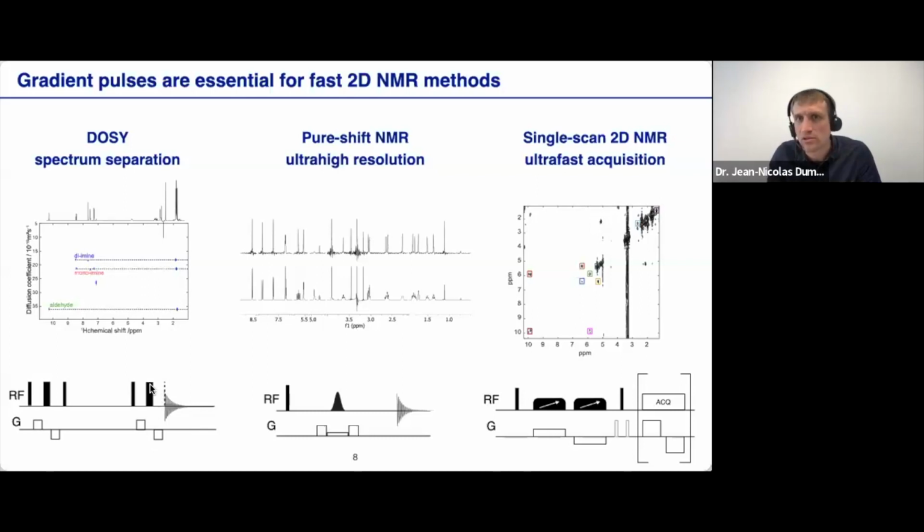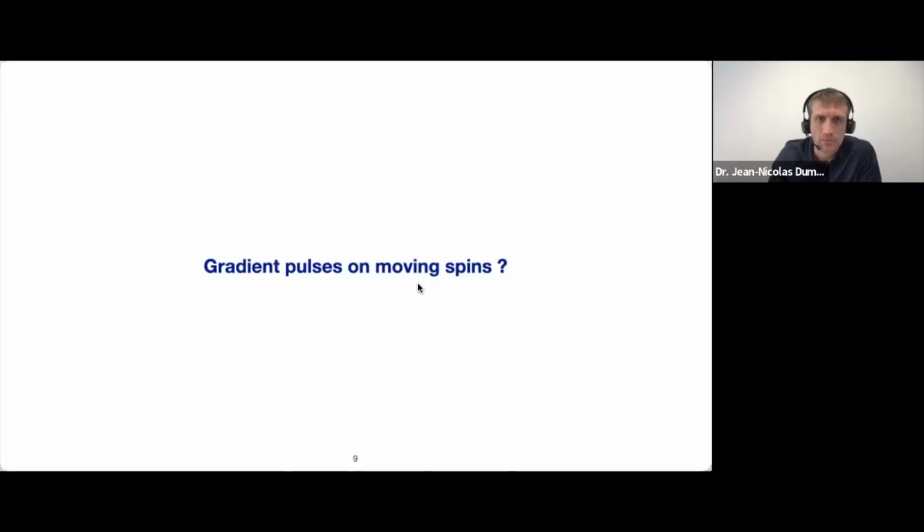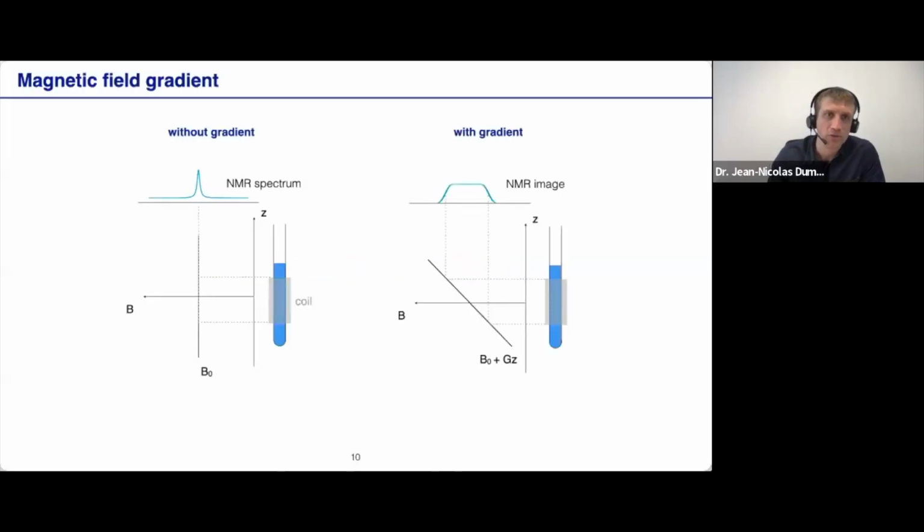When the sample starts to move, it has consequences that have to be accounted for in the design of the experiments. So the underlying question common to all of these methods is what happens when a gradient pulse is applied to nuclear spins that are moving.